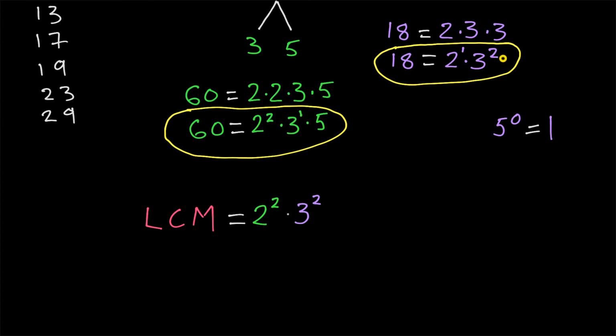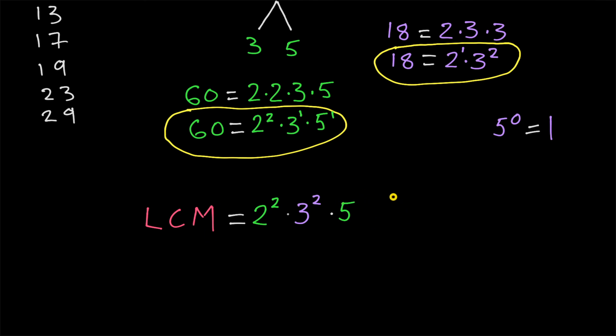Here you just have a 5, so implicitly this 5 is to the power of 1. So you're going to want to take this 5 to the power of 1 because 1 is greater than 5 to the power of 0, which is implicitly over here. So you are going to multiply this by 5 to the power of 1, or simply just 5.